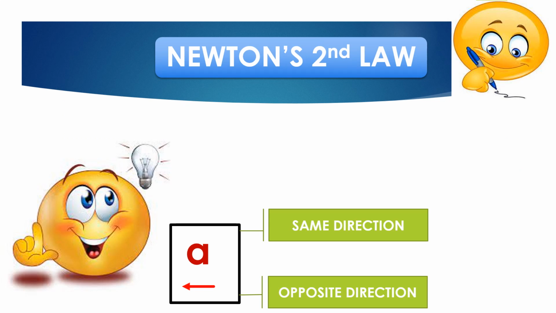Now I want to share with you how to indicate the direction of force for Newton's second law. So we recall the condition of Newton's second law. The net force is equal to ma, where the magnitude of force is directly proportional to the magnitude of acceleration. So the direction of the net force actually depends on the direction of motion. So let me identify the direction of forces.